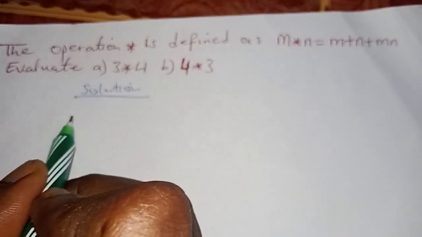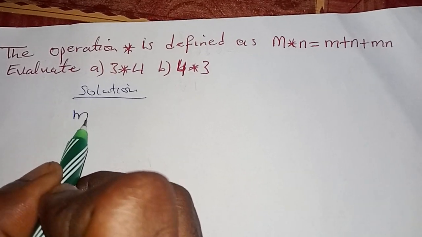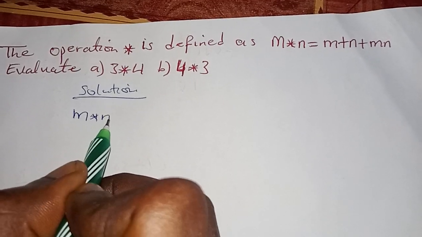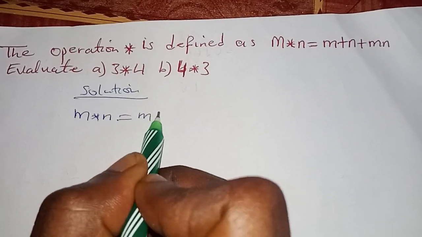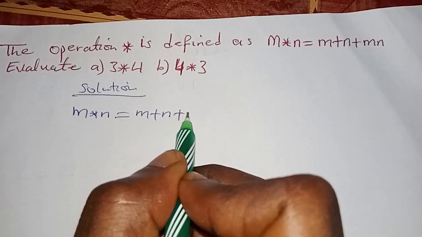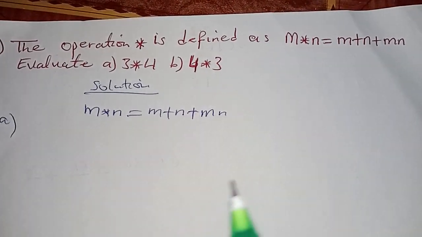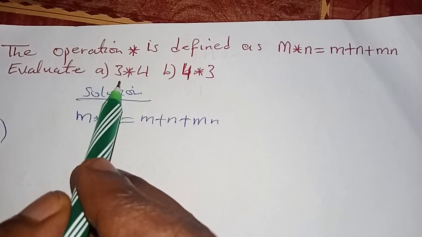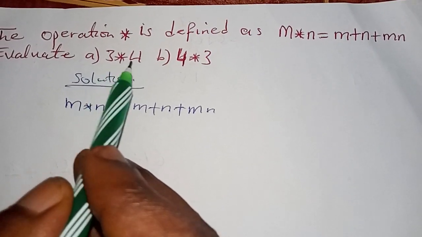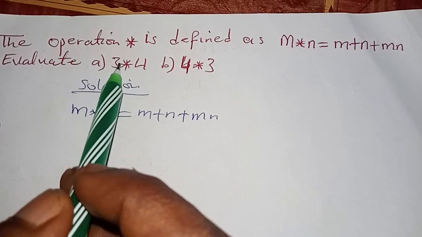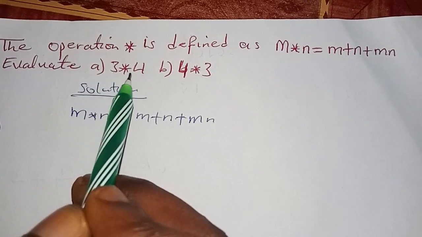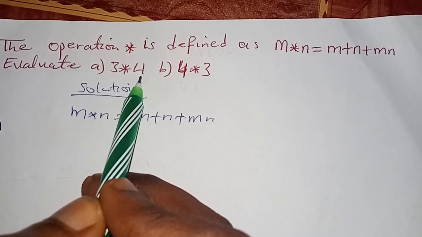We're saying the equation is m operates with n equals m plus n plus mn. Now we solve part a of the question, which is 3 operate with 4, right? So you should know your first number is m and your second number is n.